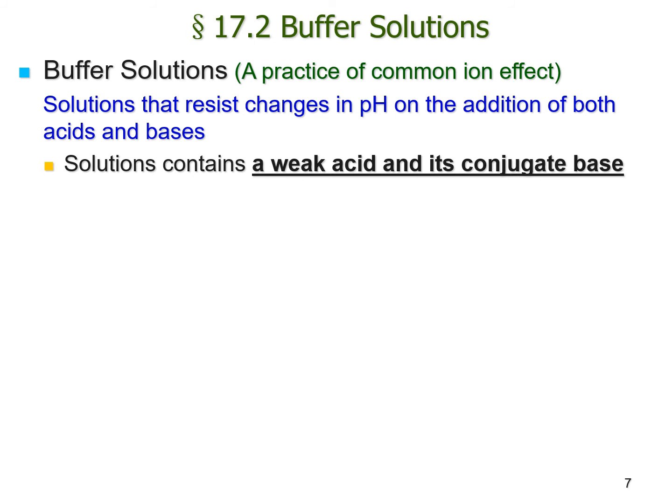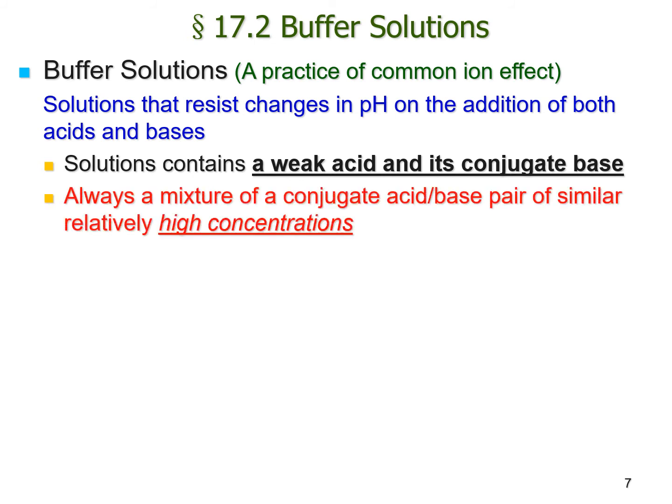But what I'm about to tell you is there's a shortcut that we can actually use for a buffer solution without going through the ice table. Being a buffer solution, there's always a mixture of a conjugate acid and base pair of relatively high concentration. So here I just want you guys to recognize high concentration. That is very important.